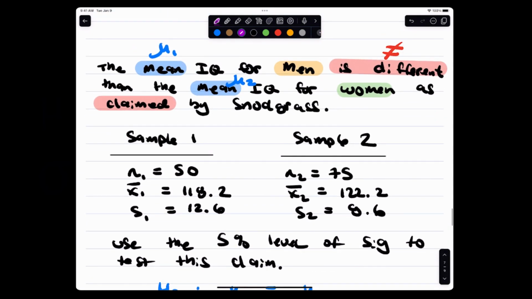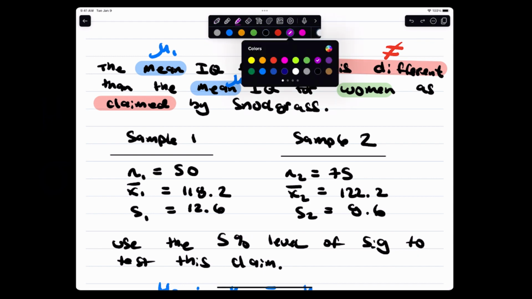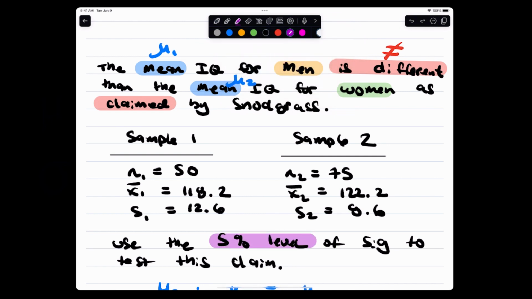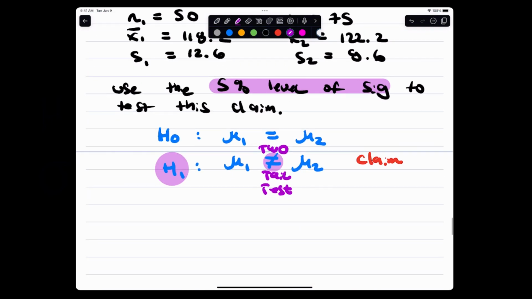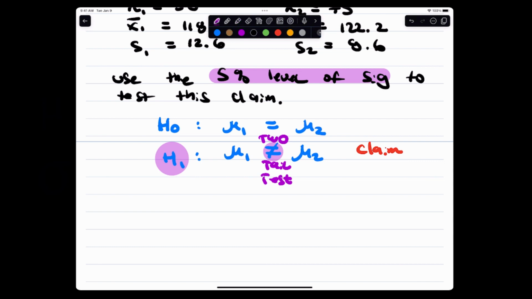Now, we're going to use the modern method. You guys like the modern method? Anybody here like the modern method? 5% level of significance. What does the modern method do? You guys remember? It's your alpha. 5% level of significance.